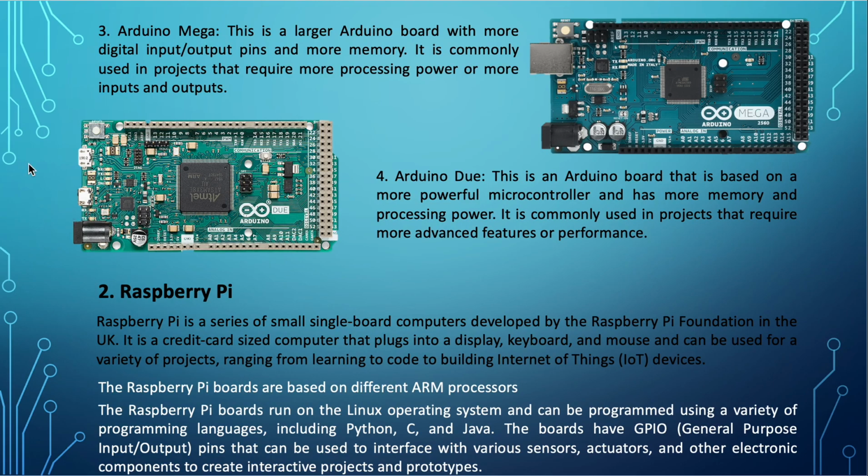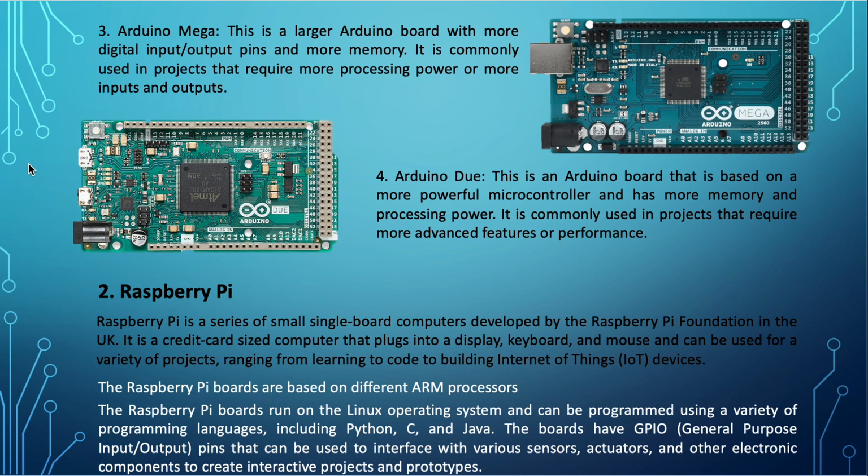So there are other options as well in Arduino. We checked, there were multiple boards available. Arduino Mega is a large board with more digital input and output pins and more memory. That means it is built to facilitate multiple sensors or actuators.